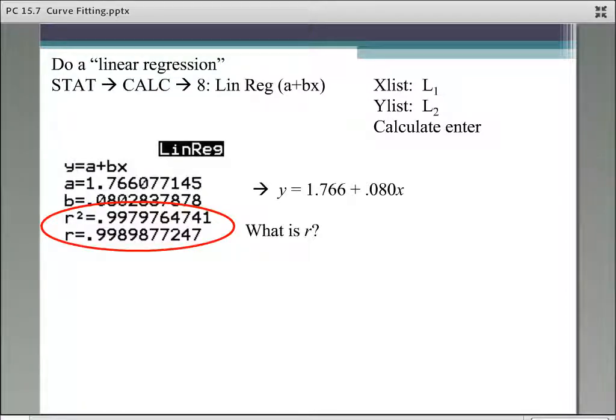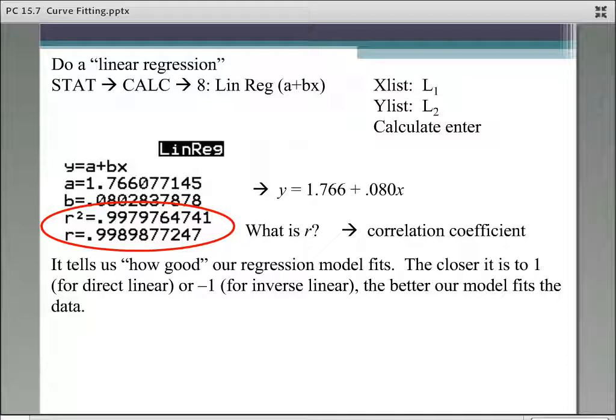And then what is r? If you didn't turn diagnostics on before, it won't give you r squared and r. So if it's not showing up, it's because your diagnostics are not on. R is what we call the correlation coefficient, and it tells us how well our regression model fits the data.